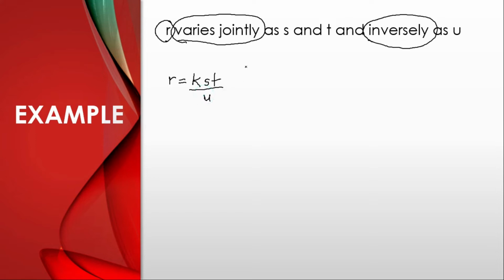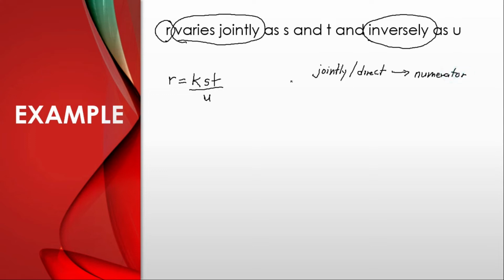Plus, one way para mas madalian kayo, pag jointly tsaka directly, matik yan na kapag nasa combined yan, yung variable na yan is nasa numerator.